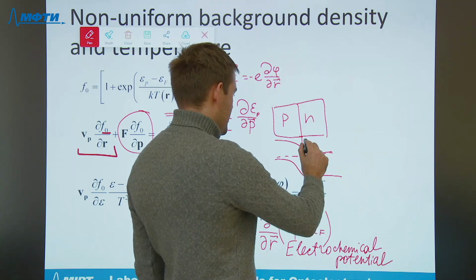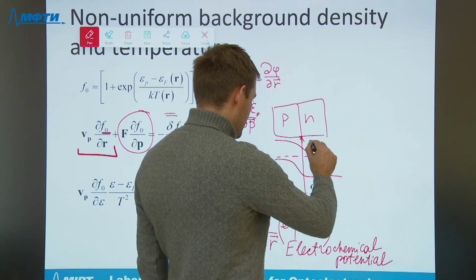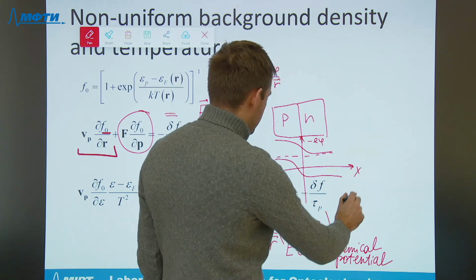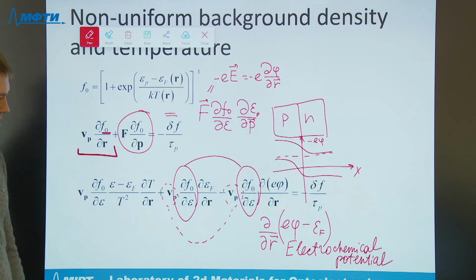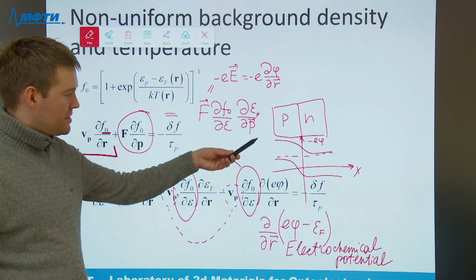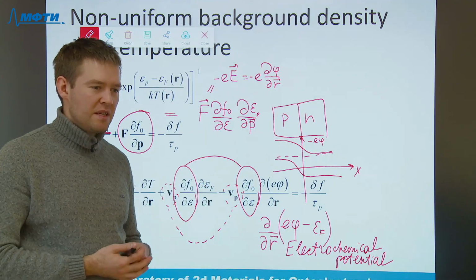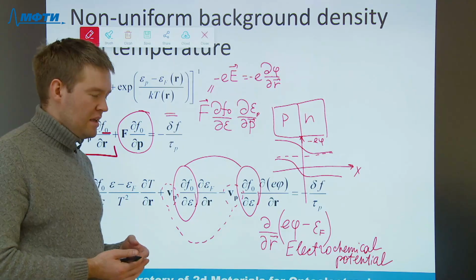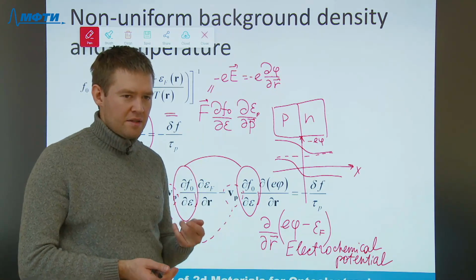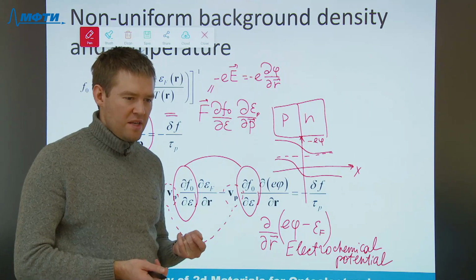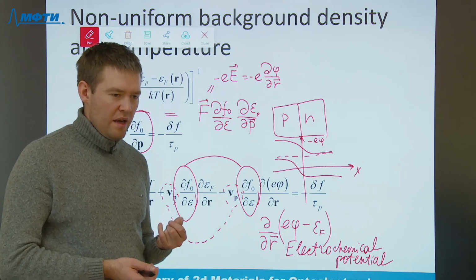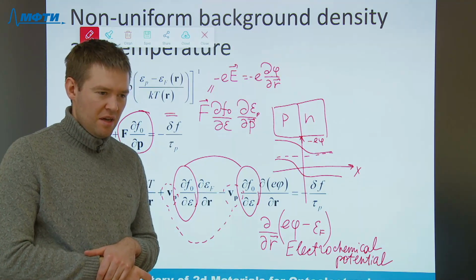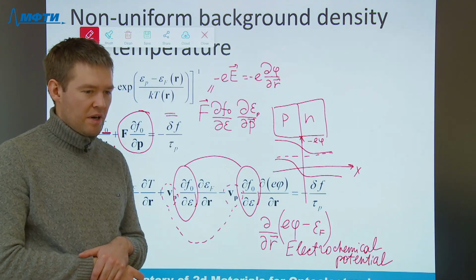So this is the dependence of potential energy with respect to the coordinate. The potential is dependent on the coordinate, so there exists a built-in electric field inside of the sample. But still, if we do not apply an external voltage source, there is no current. Why is there no current in this situation? The electric field exists, but there is no current. Why?